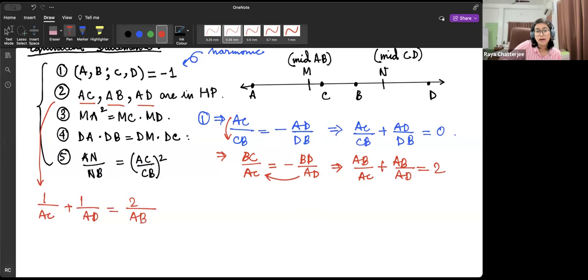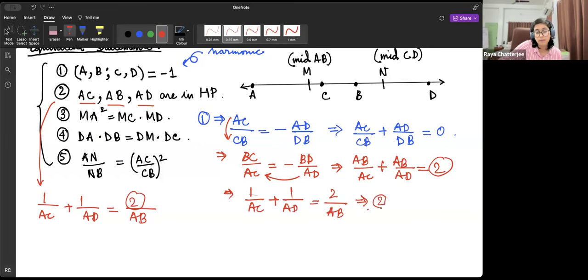So that's why I wanted 2 to be equal to AB by AC plus AB by AD. That's precisely what we have here. Just bring the AB to this side and you'll have 1 by AC plus 1 by AD is 2 by AB.